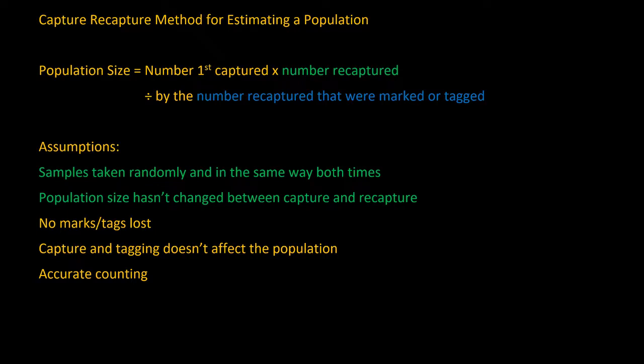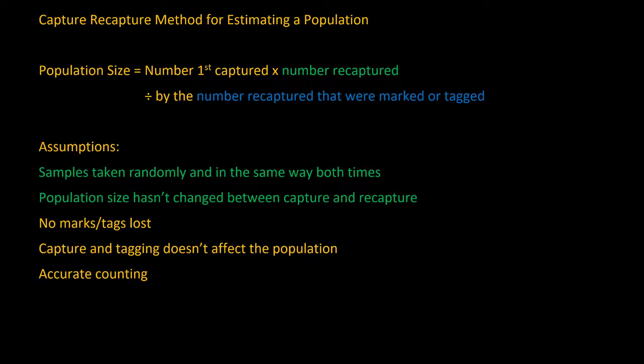Other assumptions you might think of is that you have to assume that none of the marks or the tags have got lost between the two samples. You've got to assume that capture and tagging doesn't affect the population. And also you've got to be able to accurately count your sample. Those are some of the types of assumptions, but it's normally the top two that they will be looking for.